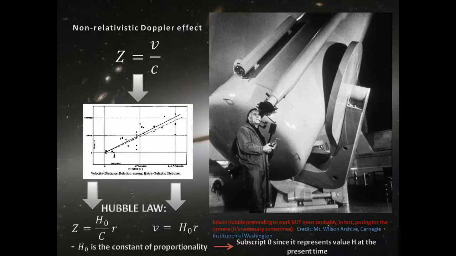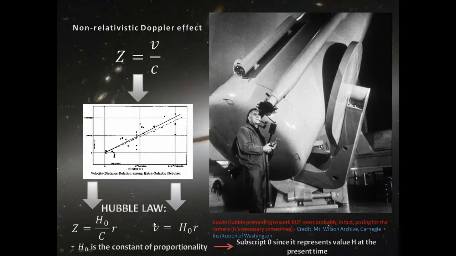What Hubble did was plot his result on a graph, and he found a linear relationship, as I explained, between the two.